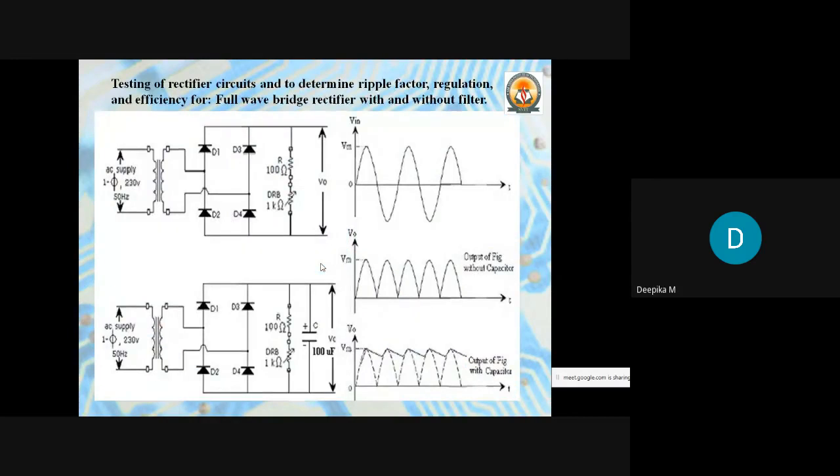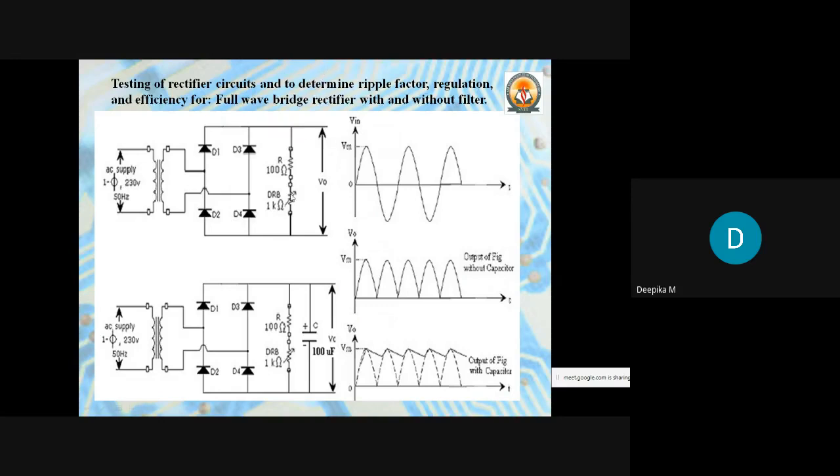Then coming to the bridge wave rectifier. Why do we call it the bridge wave rectifier? Because the 4 diodes are connected in a bridge manner. Again here we are going to use the step down transformer. First we will build this diode circuit in this manner, that is cathode to cathode, and construct it on the breadboard.